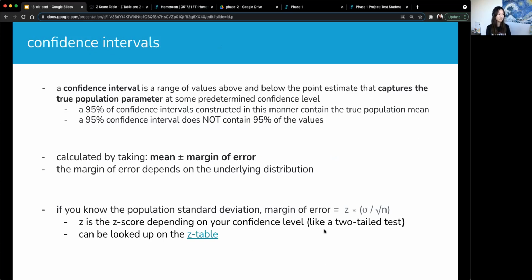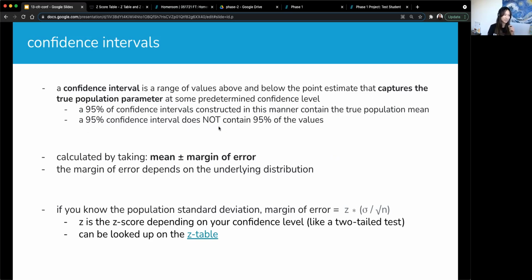So, confidence intervals. As a data scientist, you will not be asked to calculate confidence intervals, but they are something that you will be asked to interpret in different contexts. So it's important to know the definition of a confidence interval. What is a confidence interval not?